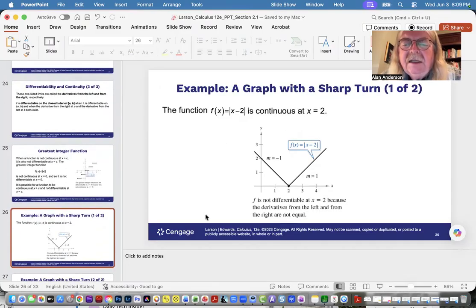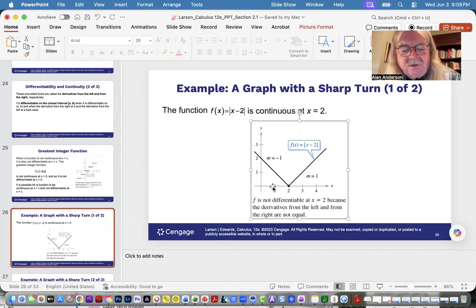So now here's one of those cases where there isn't a derivative at this point, x equals 2.